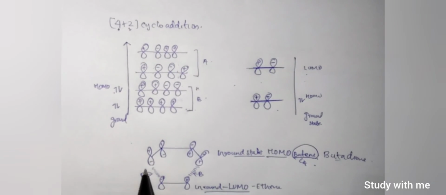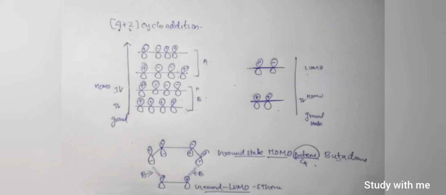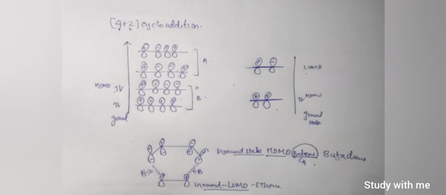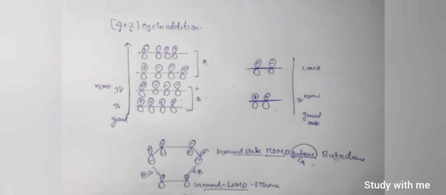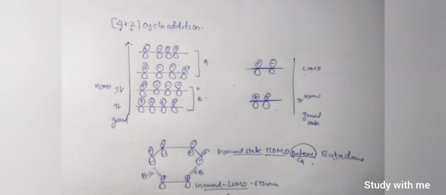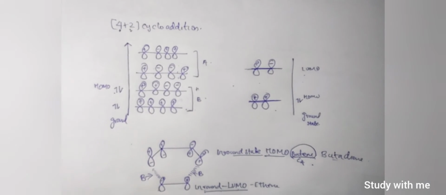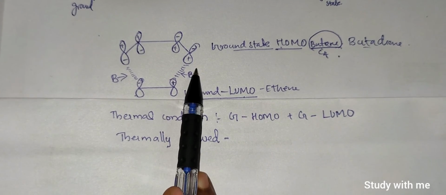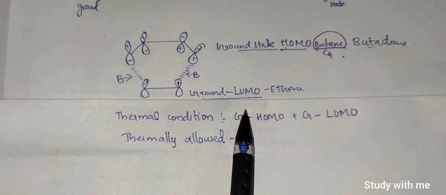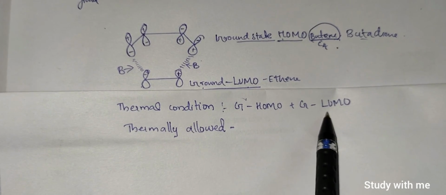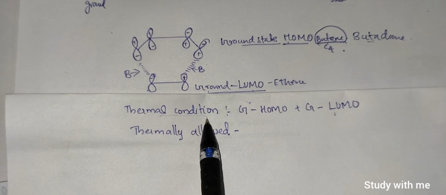What will be the condition for this? This will be the thermal reaction, because thermal reaction has this condition, that is ground state HOMO with ground state LUMO. This condition is for thermal condition. So here the condition is thermal condition. The ground state HOMO and ground state LUMO are bonded, and this is the condition for thermal condition.